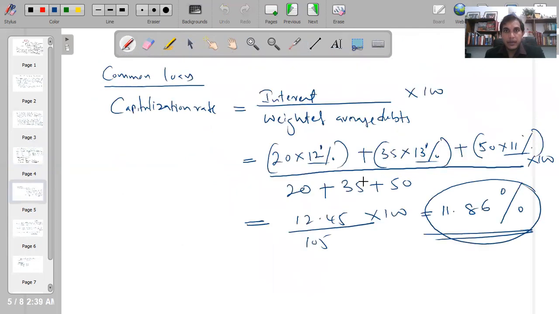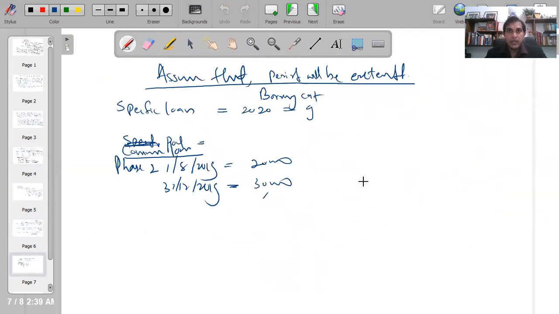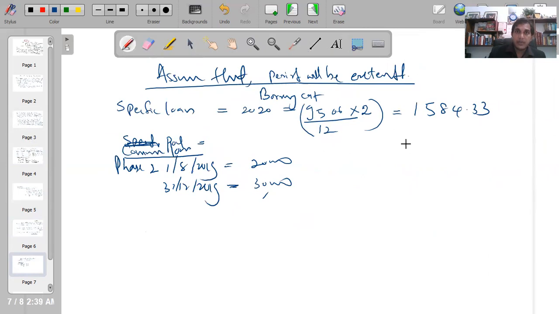Let me go and remove that one. 9,506 divided by 12 multiplied by 2, so you are going to remove that interest, 1,584.33. Then similarly you need to remove another 2 months from here, and another 2 months from here.